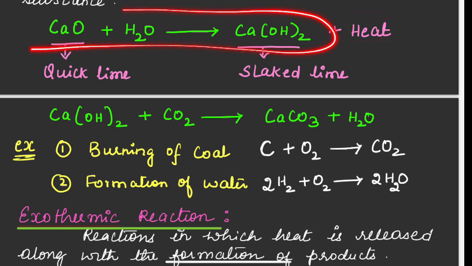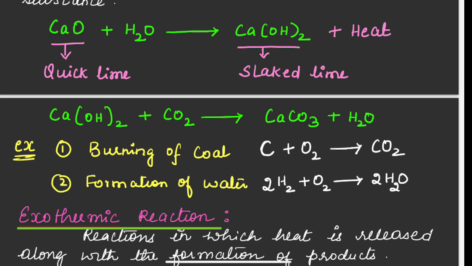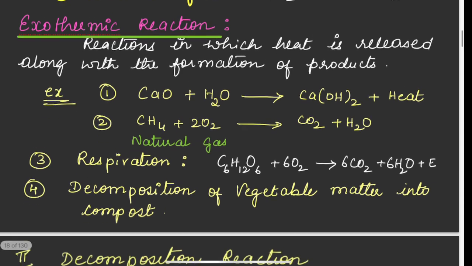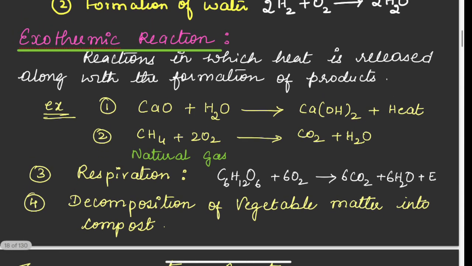Therefore, combination reactions are usually exothermic in nature because heat is given out. Exothermic reaction means reactions in which heat is released along with the formation of the products.